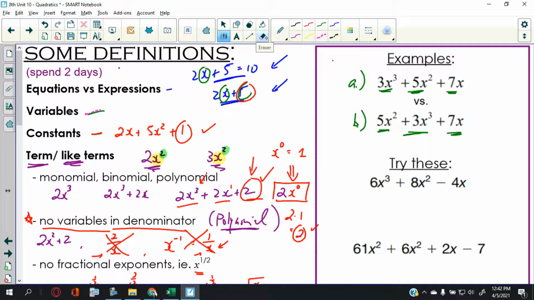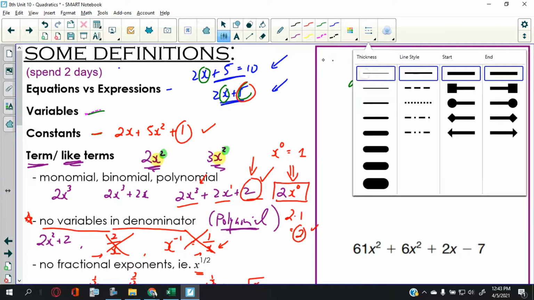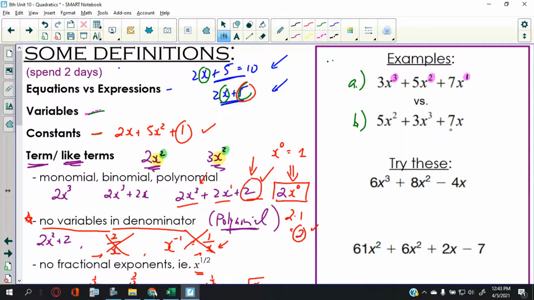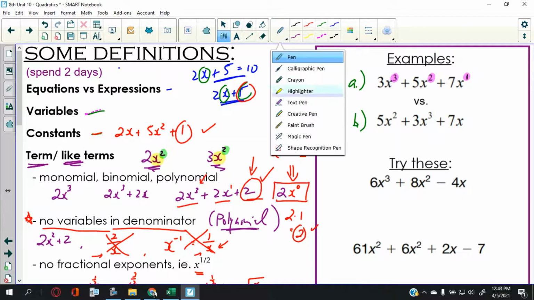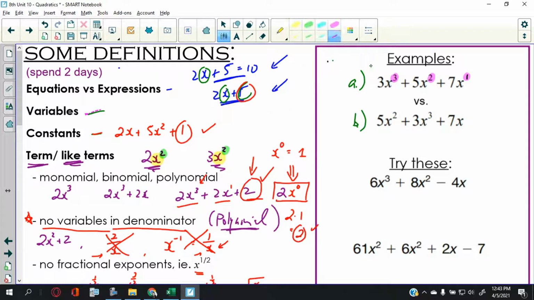In order for you to put these expressions into standard form, you must find the variable with the highest exponents. Now that's a 1, you know that, right? That's a 1 right here. You have to put them in order, okay?